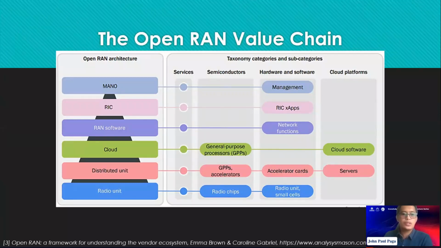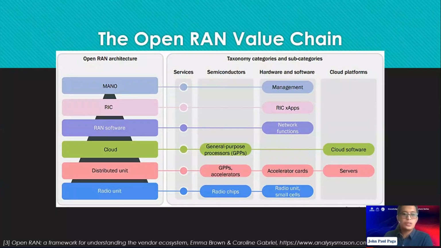Okay. For the cloud, let's source out who can provide us the cloud software, okay? The hypervisor OS. Okay? For the RAN softwares, which software development companies can give us more efficient code on running our network functions.